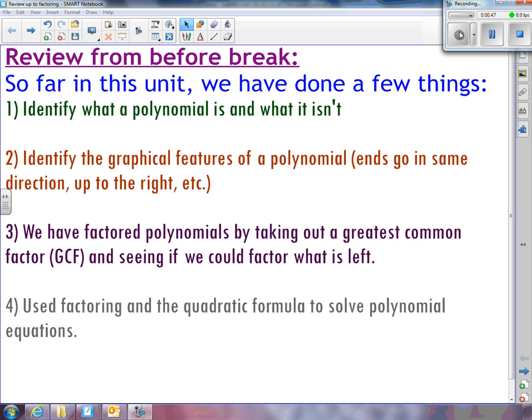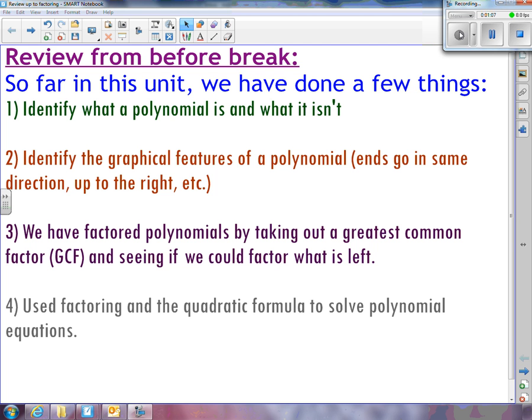And then the next thing we did was how to factor a polynomial by taking out a greatest common factor and seeing if the factor that remains can be factored further using what we learned with factoring quadratics. And then we use factoring and the quadratic formula to solve polynomial equations.